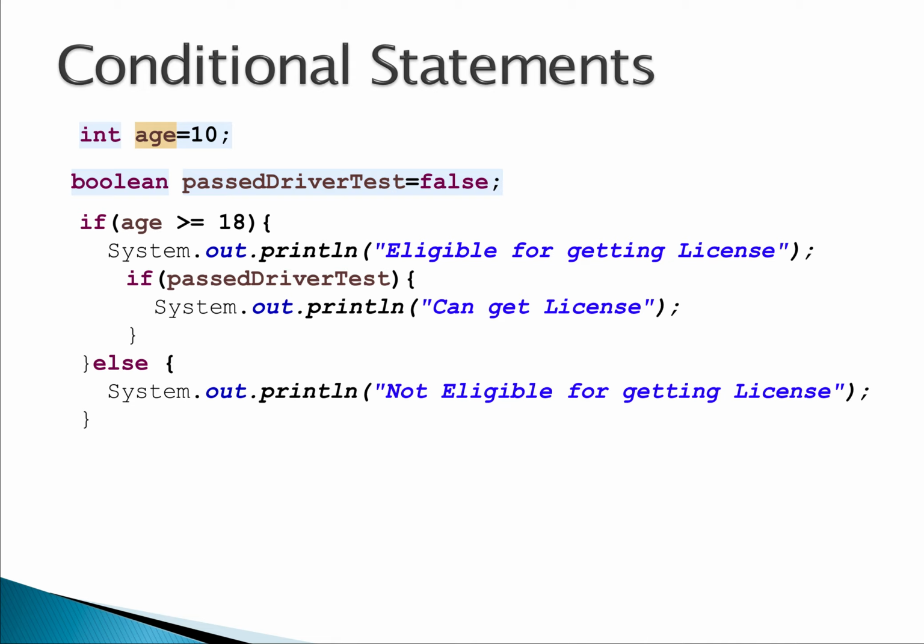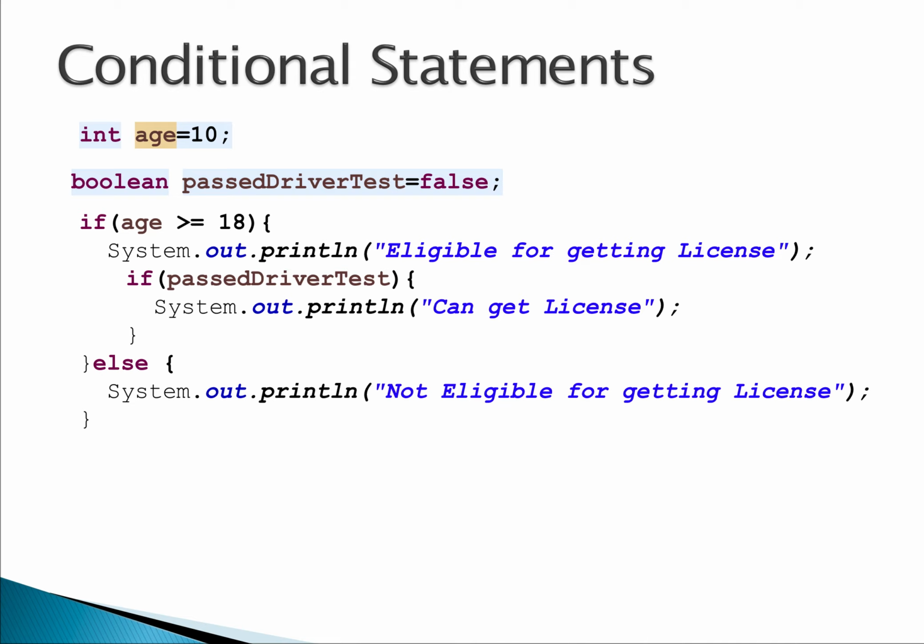This is a snippet of code which says if age is greater than or equal to 18. This is a condition here, and it is going to evaluate to true or false. So if age is greater than or equal to 18, System.out.println eligible for getting a license. That means if he's greater than or equal to 18, then that block which is surrounded by the curly braces is going to get executed.